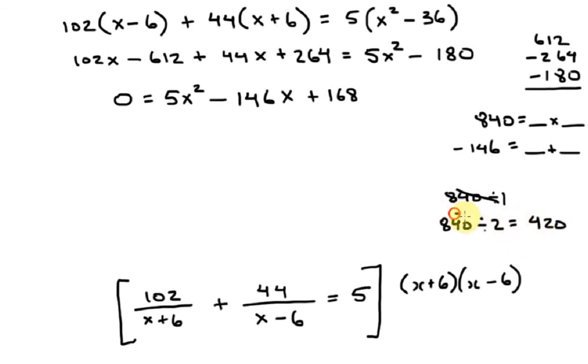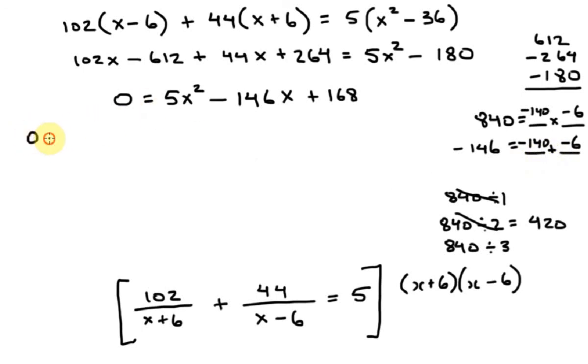Nope, that doesn't work either. So then I just keep going. And it doesn't take you that long. You try 3, then you try 4, and eventually you're going to hit on the 2 numbers. Believe it or not, 6 is going to get you there. Because if you make them both negative, negative 140 and negative 6, guess what? We are there. So really, I was like 3 steps away from discovering this.